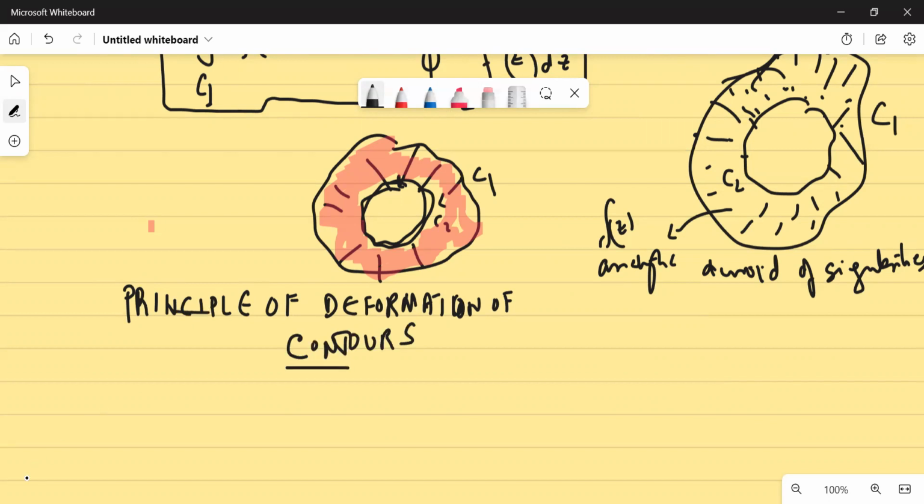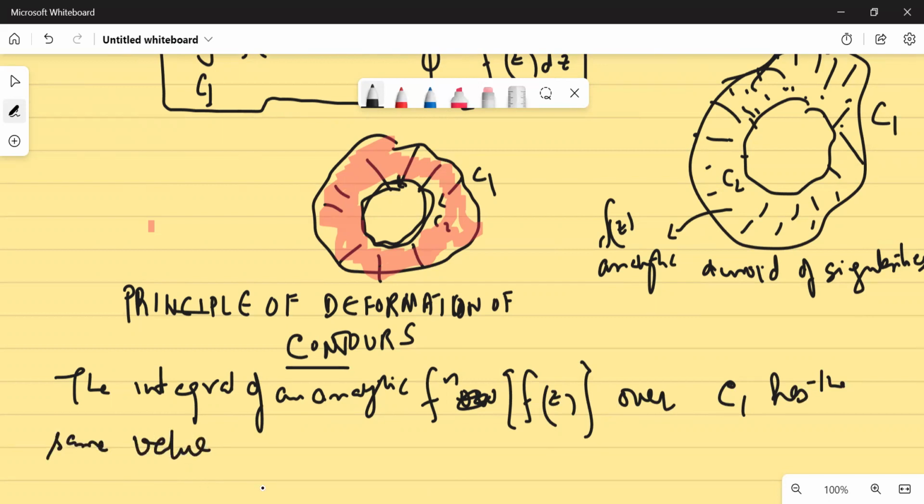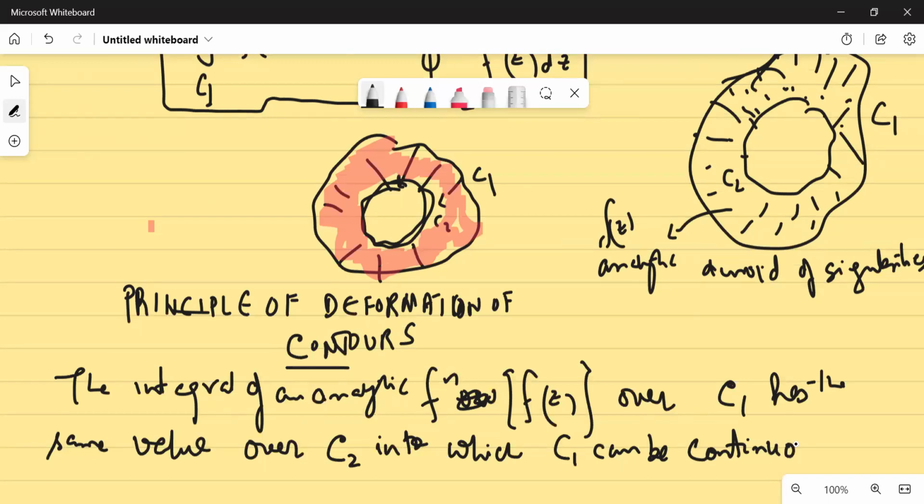It says the integral of an analytic function f(z) over C1 has the same value as over C2, into which C1 can be continuously deformed.